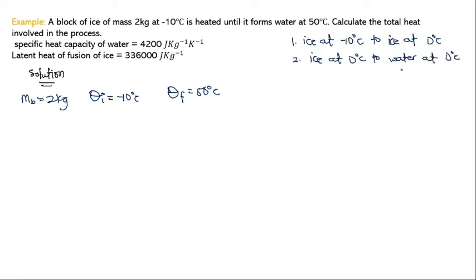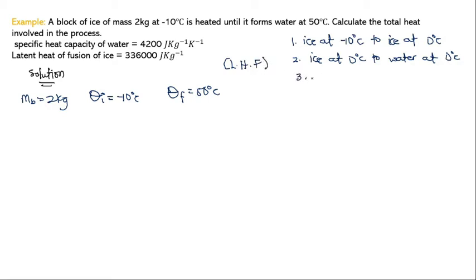The ice will be given a certain amount of heat so that it melts into water, and we are moving from solid, the ice, to water, which is liquid. So there is a change in state of matter from solid to liquid. This heat needed here is what we call the latent heat of fusion.